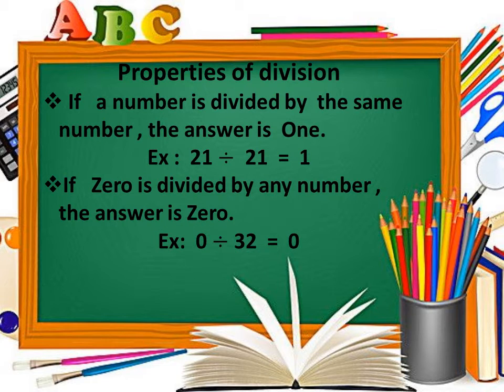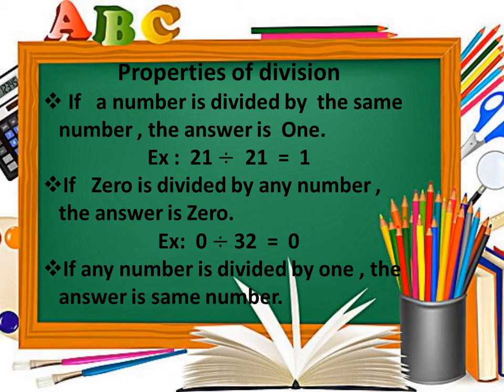Let us see the example. 0 divided by 32 equals 0. If any number is divided by 1, the answer is the same number. Let us see the example. 54 divided by 1 equals 54. These are properties of division.